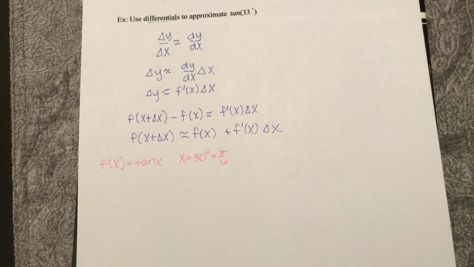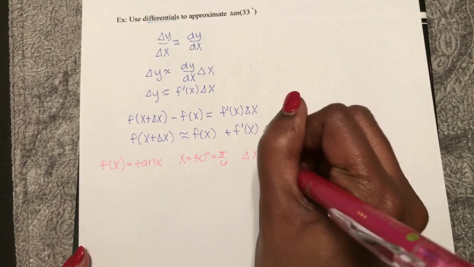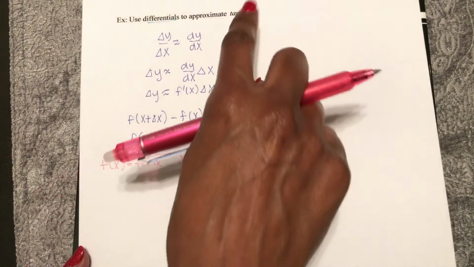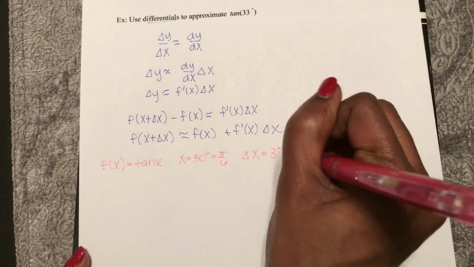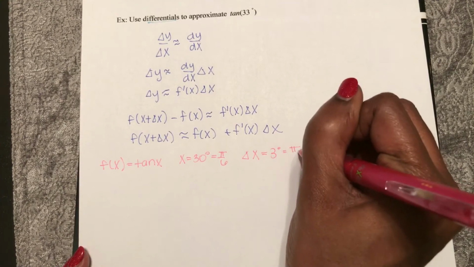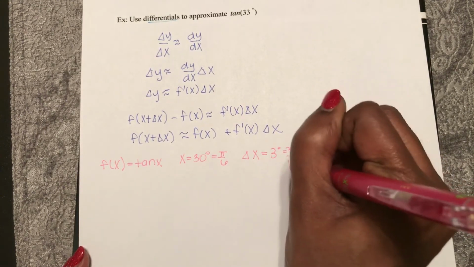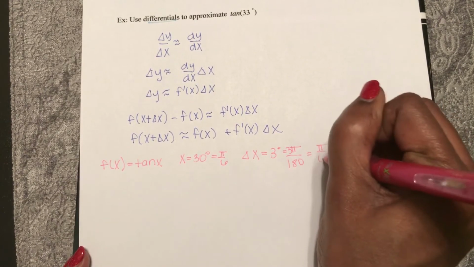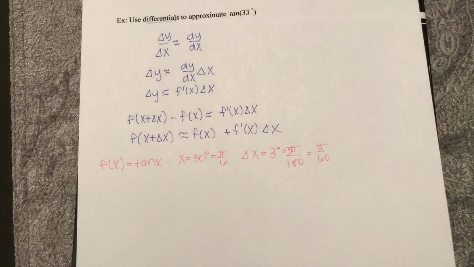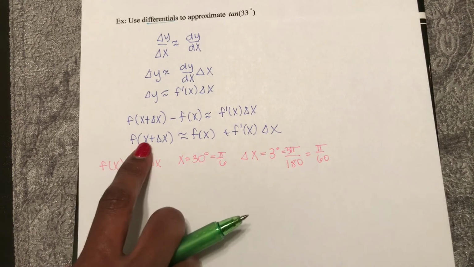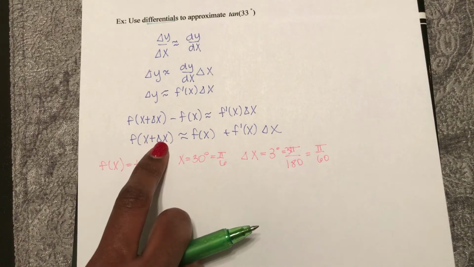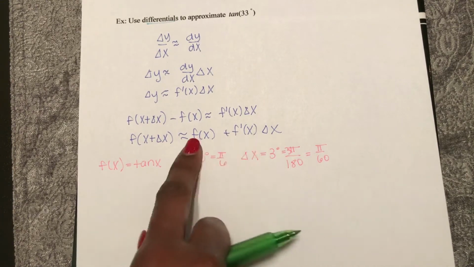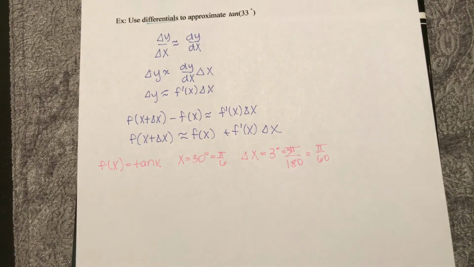And then what is delta x? Delta x is 3 degrees, which is 3 pi over 180, pi over 60 radians. So now I know I can find f of 30 plus 3, which is 33, using this differential approximation.